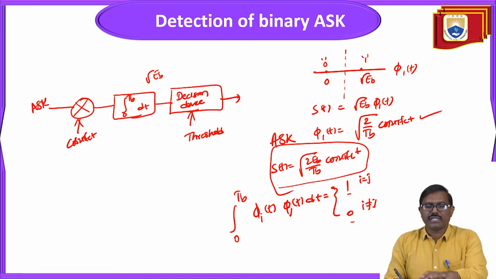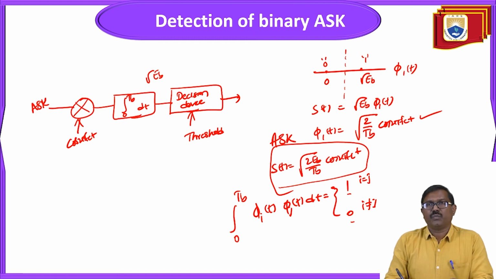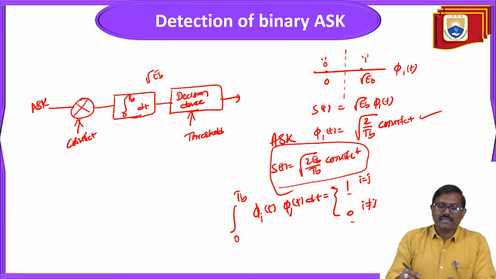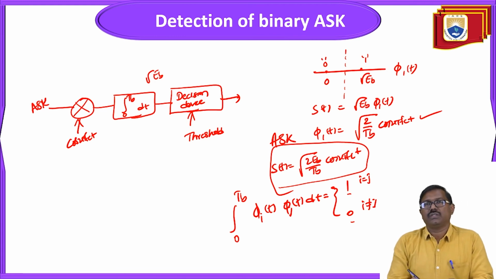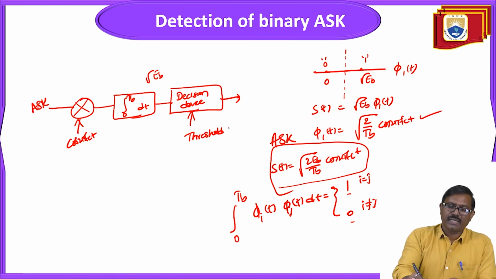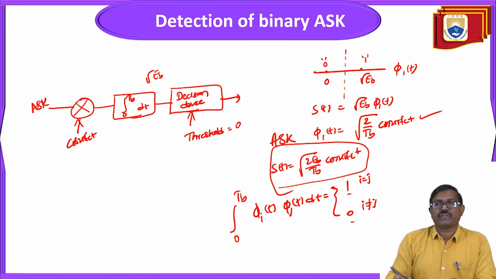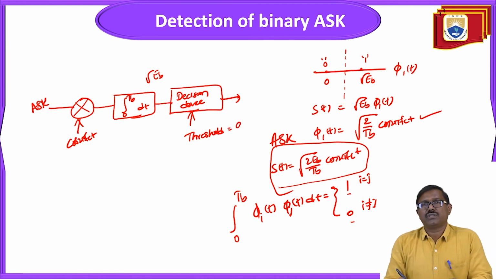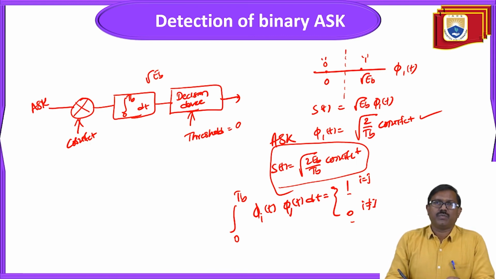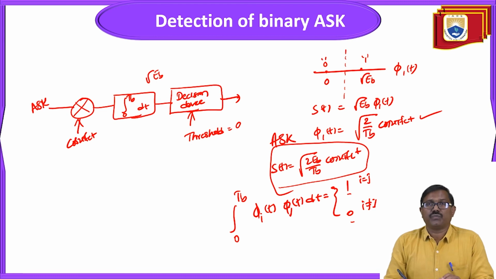So this value is applied to the decision making device, which makes the decision and has some threshold. The threshold may be taken as 0 volts. Generally the root Eb means some amplitude level, so it may be more than 0.